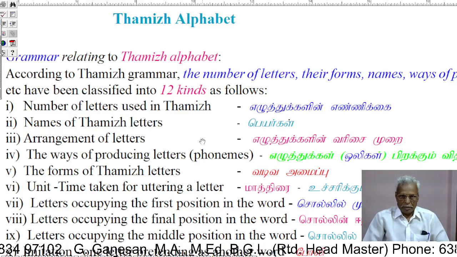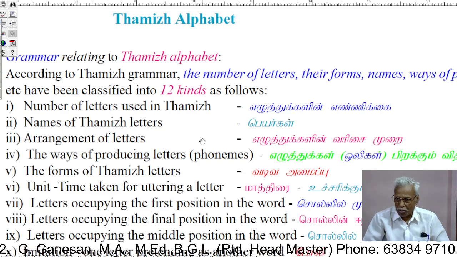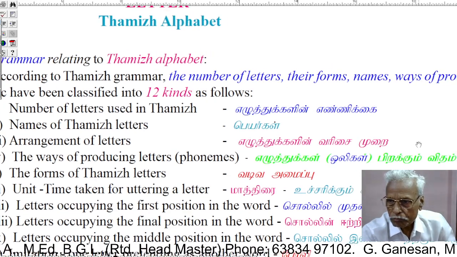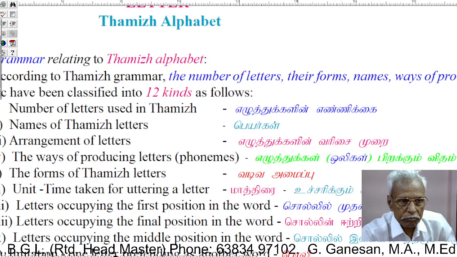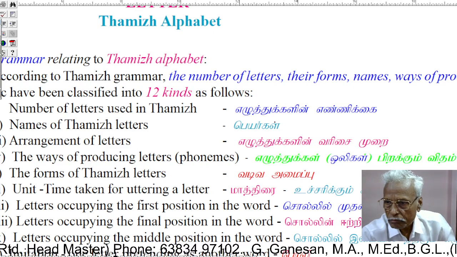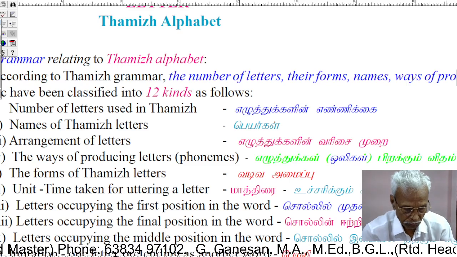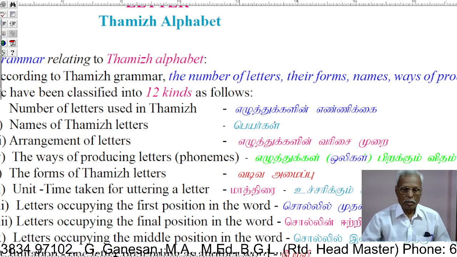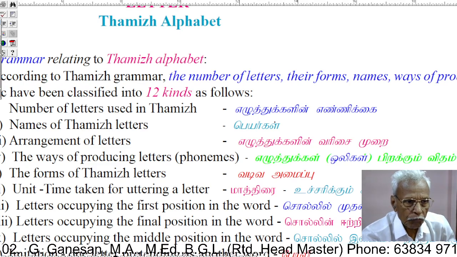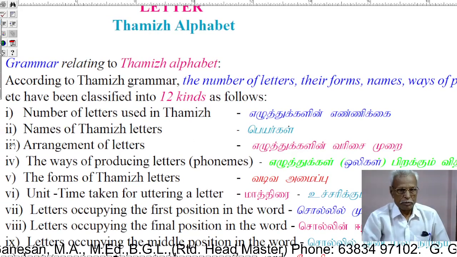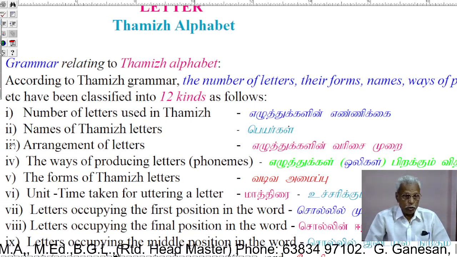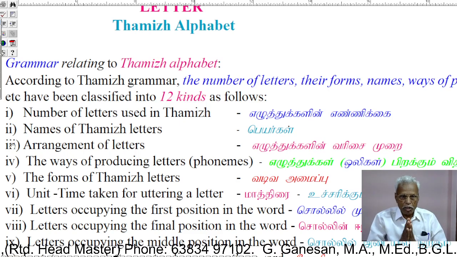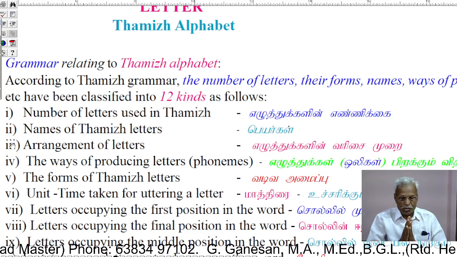According to Tamil grammar, the number of letters, their forms, names, ways of production, etc. have been classified into 12 kinds as follows.